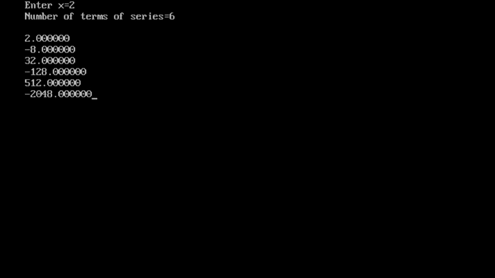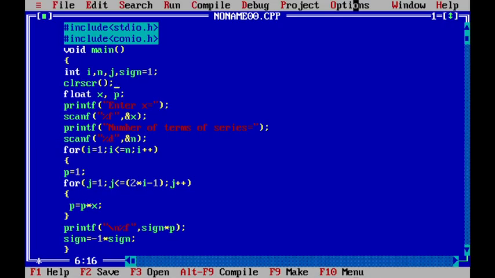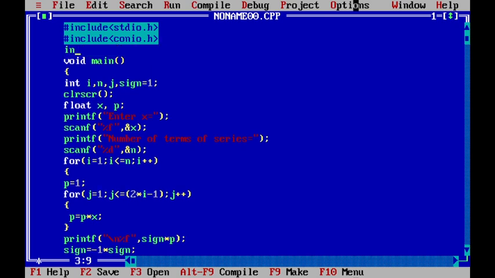Now we want to divide this term by factorial. So now we are going to declare one function for factorial, and then we are going to call this function. So integer factorial, int say num.